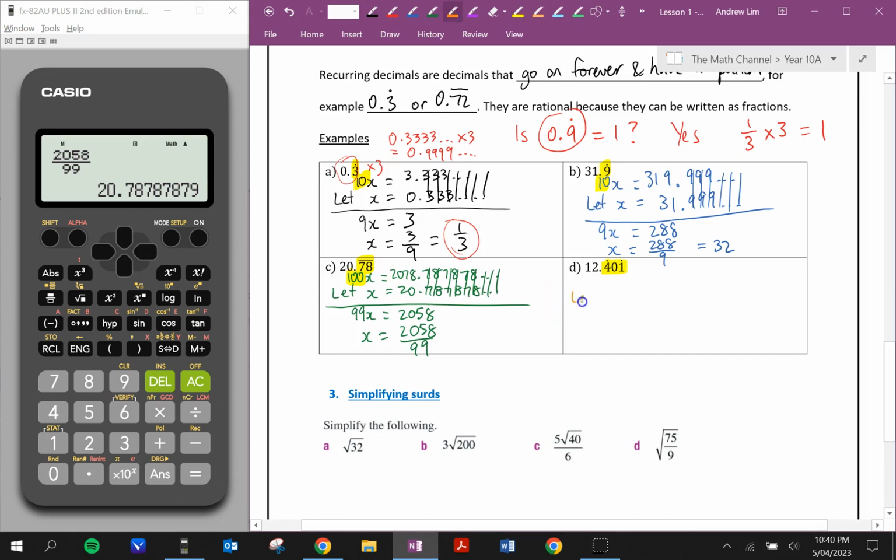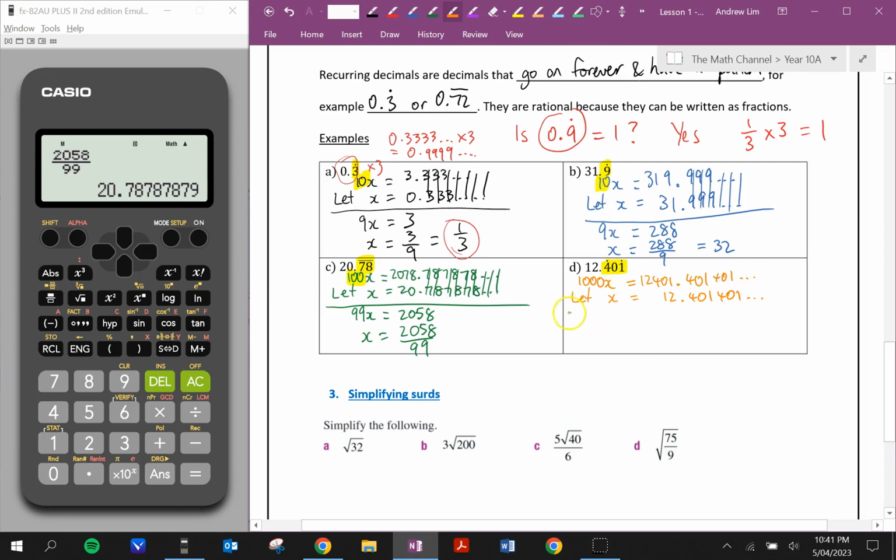So if we let x equal 12.401401, etc., and we times it by 1,000 to give us 1,000x. If we times it by 1,000, we move the decimal place to the right 3 times. We'll get 12,401.401401 forever.